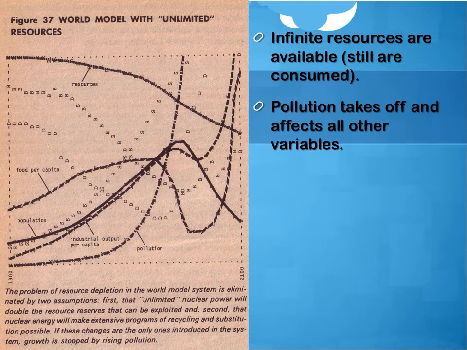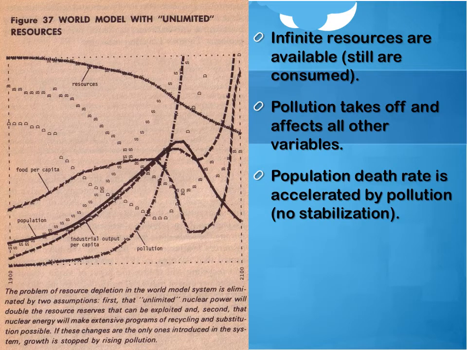Now, what happens if you have infinite resources is this is where the trade-off comes in. If you have infinite resources, you're able to produce a lot more food. You're able to produce a lot more industrial output. Population is able to grow more, but then pollution takes off. So you generate enormous amounts of pollution, and that in turn increases the death rate of population.